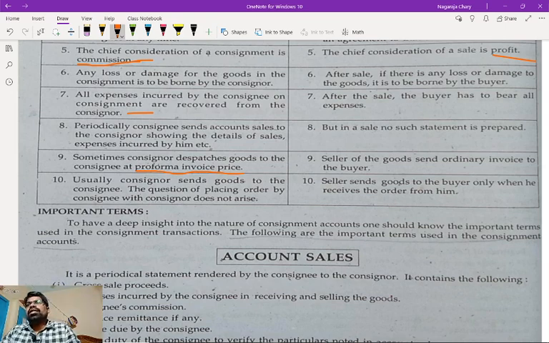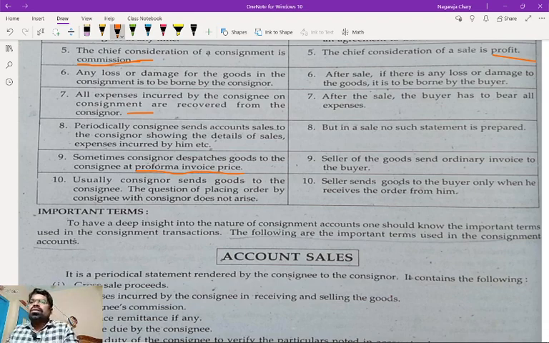Okay. Usually, the consignor sends goods to the consignee. The question of placing an order by the consignee with the consignor does not arise.